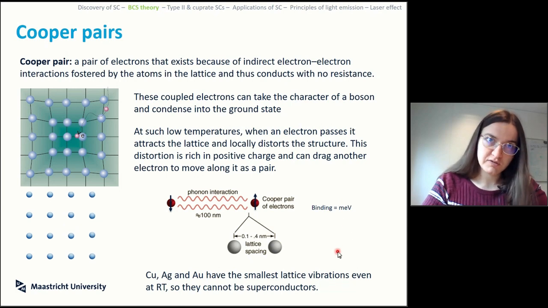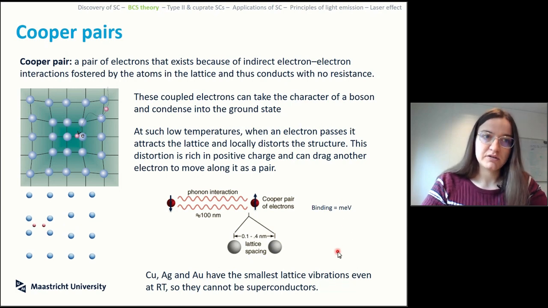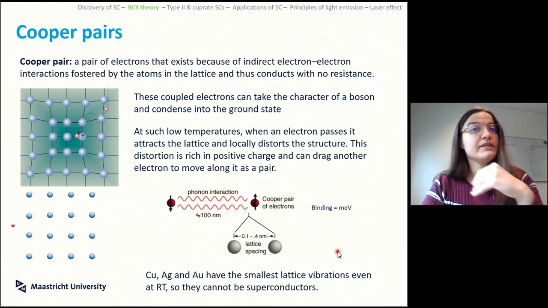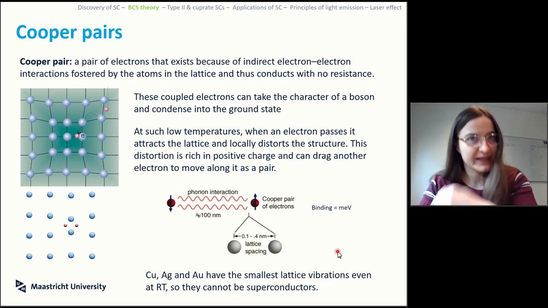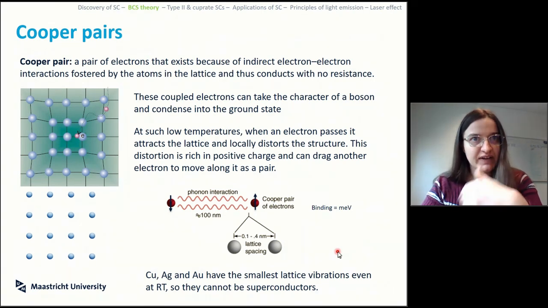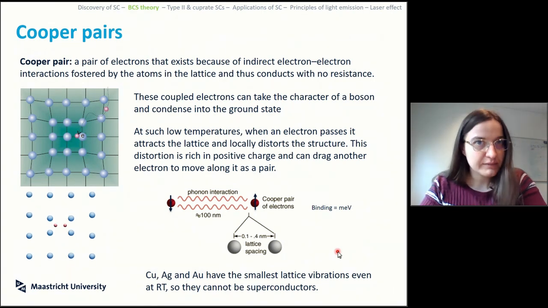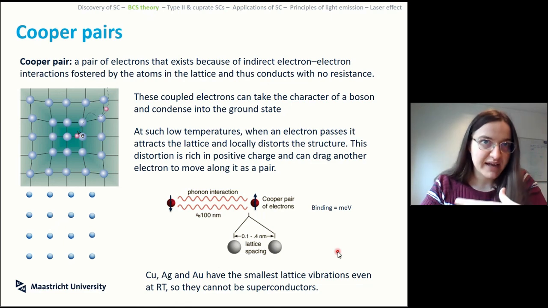Note that this also gives us the answer as to why you will have no superconductivity in metals that we describe as very good metals. Any metal that is a very good metal is a very good metal because it has a very, very low lattice vibration.